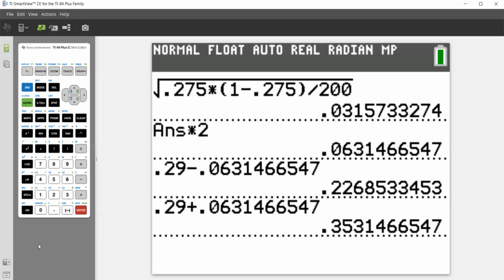All right. Now the 0.275, by the way, typically is unknown. We don't know it. We don't know the population parameter. We're estimating it. So if we were actually going to do this square root formula, we would probably have put 0.29 in here instead of 0.275, because that's the only other number that we know.